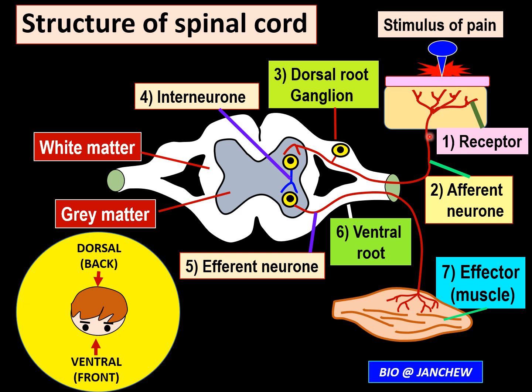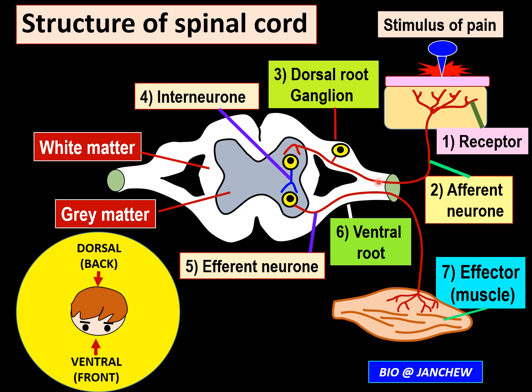Now let's look at the position of the three neurons. This is the afferent neuron that is connected to receptors, and its own nerve endings or projections here may form the receptors also for pain. From the receptor, the impulse will travel to the spinal cord.